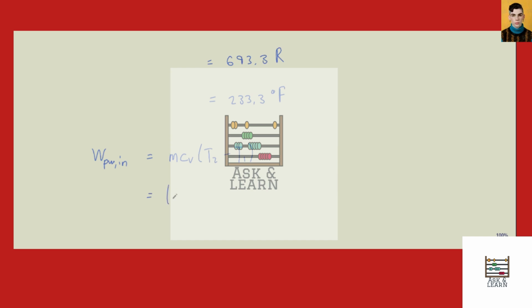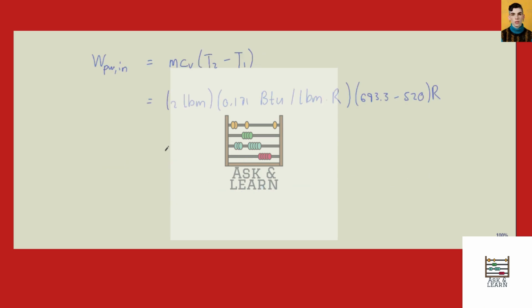So this is the mass of air, which is 2 pounds multiplied by the specific heat of 0.171, and that's BTU per pound R, times the change in temperature of 693.3 minus 520 R. And so we get the work done by the paddle wheel into the system to be 59.3 BTU.